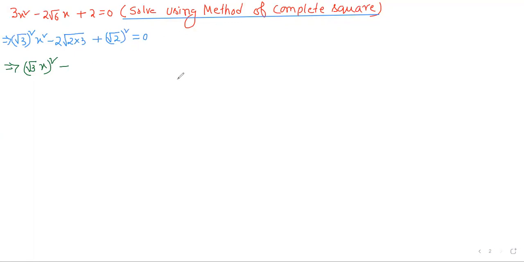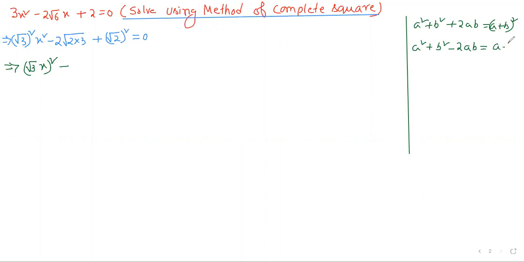So in the method of completing square, basically we use these three formulas: a square plus b square plus twice ab equal to a plus b whole square, and a square plus b square minus twice ab is equal to a minus b whole square.